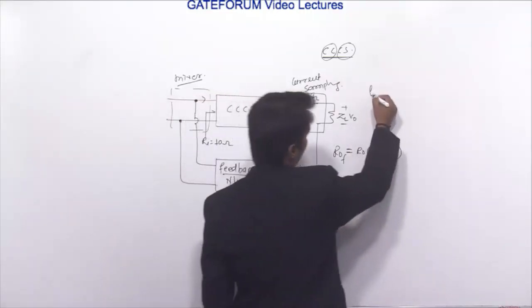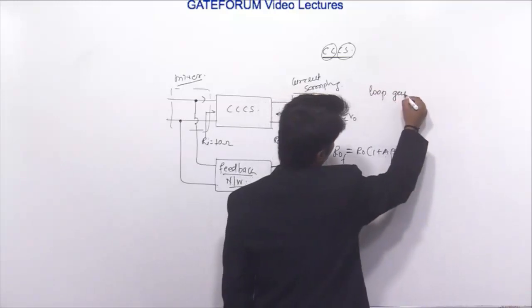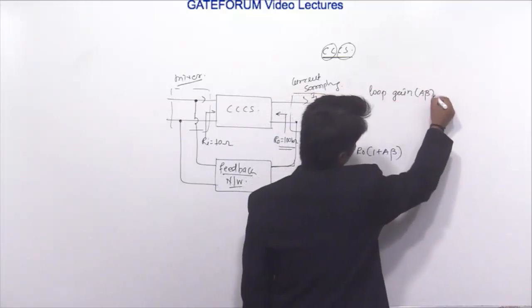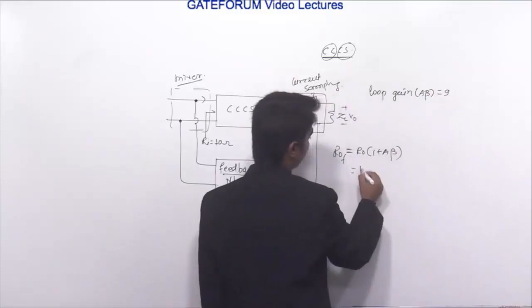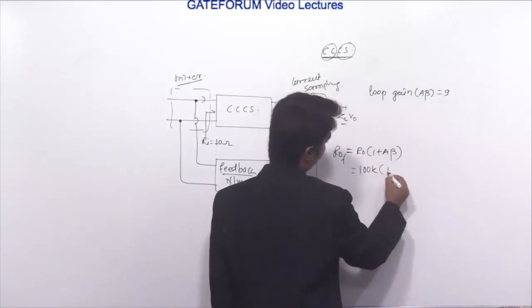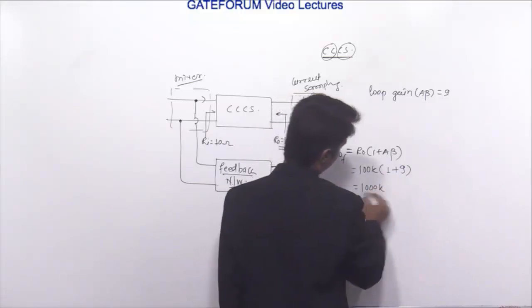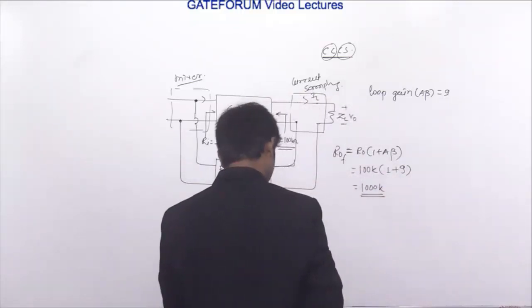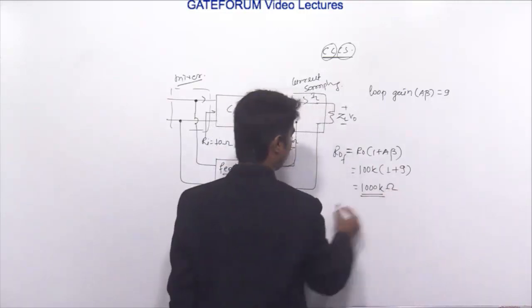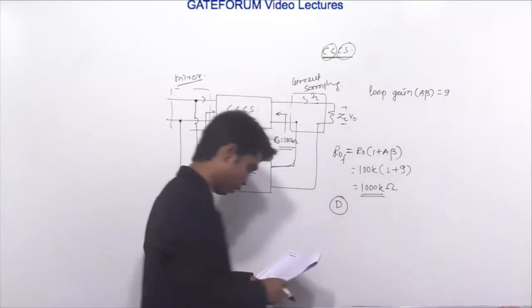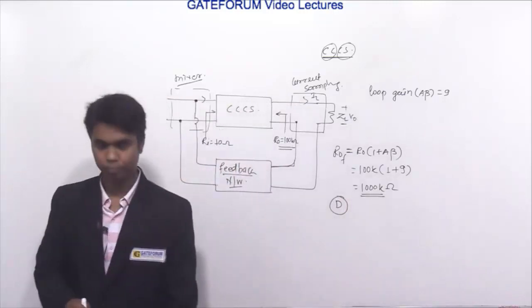Loop gain means A beta, and it is given as 9. Therefore, 100K times 1 plus 9, that is 10, gives 1000 kilo ohm. Therefore, option D will be the right answer.